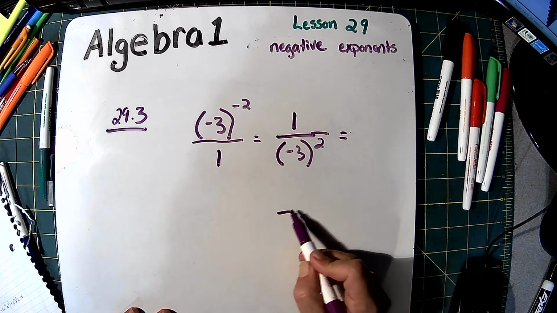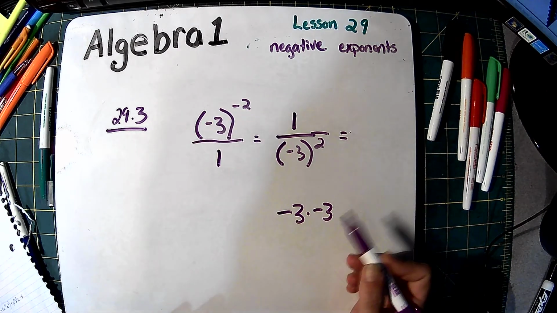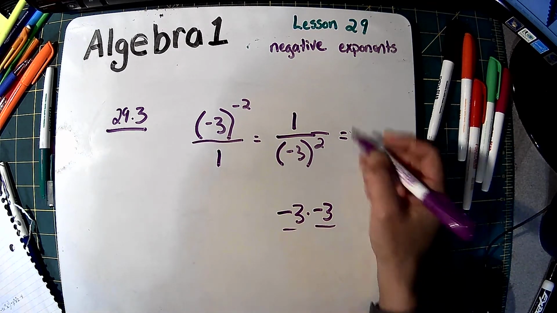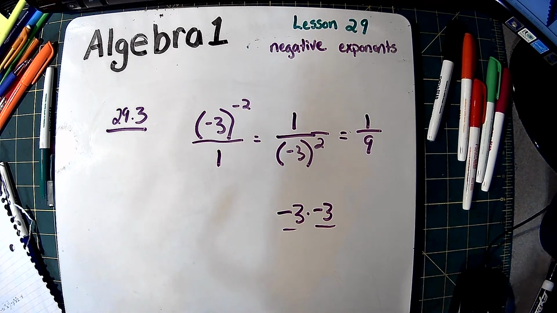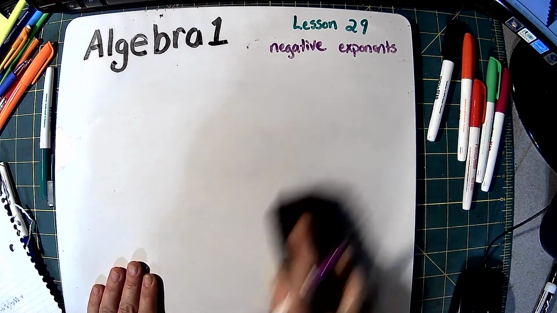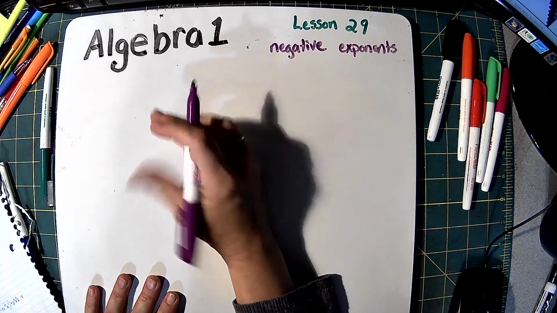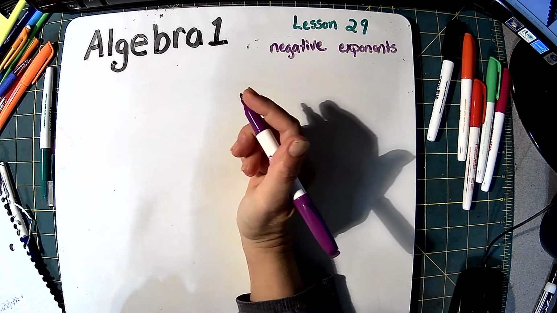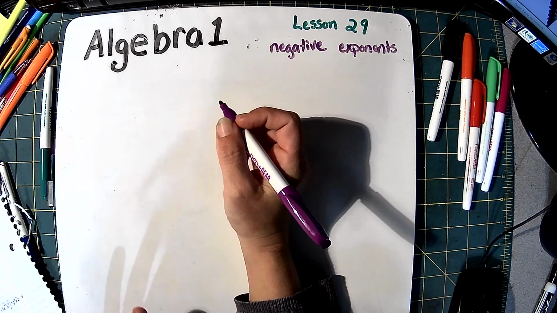Negative 3 squared would be negative 3 times negative 3. Remember, I can't cover that, so I have to include it. 3 times 3 is 9, and that would be positive 9, so 1 over 9 is that one. Okay, so anytime you have a negative exponent, you just move the exponent and the base to the other side of the fraction.